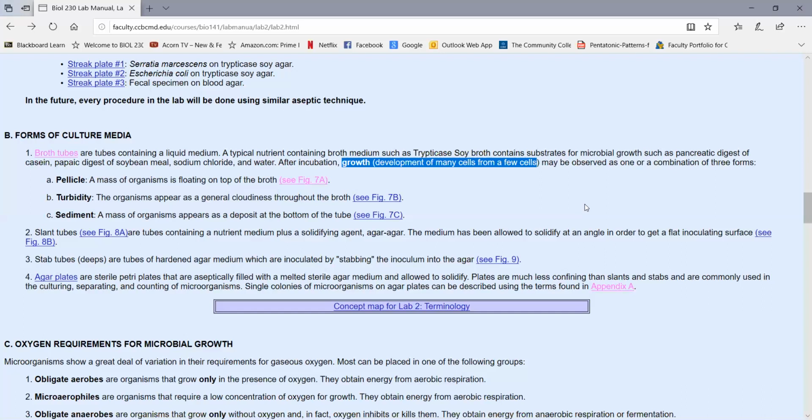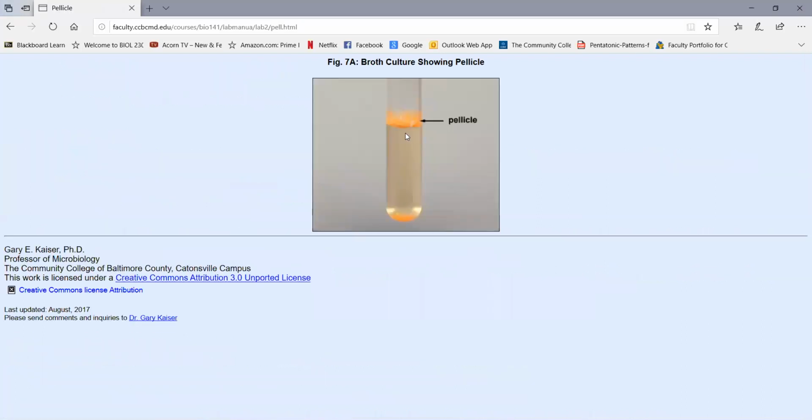Recognize growth in a broth culture using the terms pellicle, turbidity, and sediment. So pellicle is where we have a mass of microorganisms floating on top of the broth. And that growth on top is called a pellicle. Figure 7a shows you a bacterium, in this case the Mycobacterium phlei we're going to grow today, forming a pellicle on top.